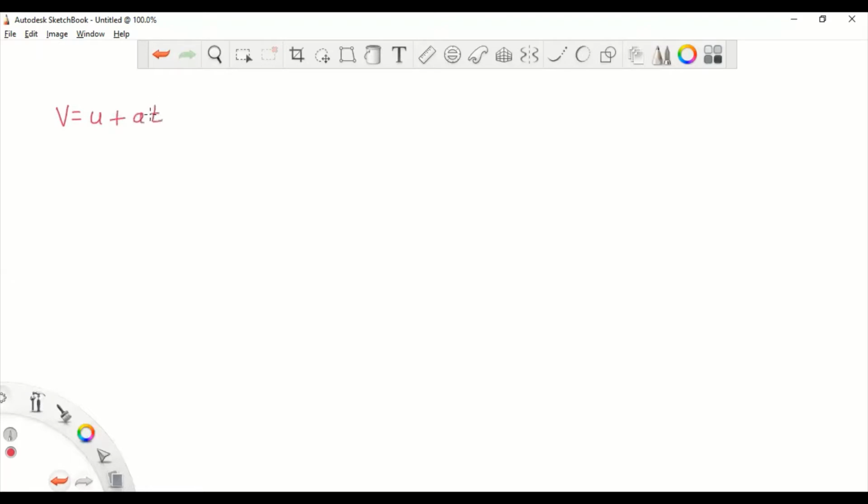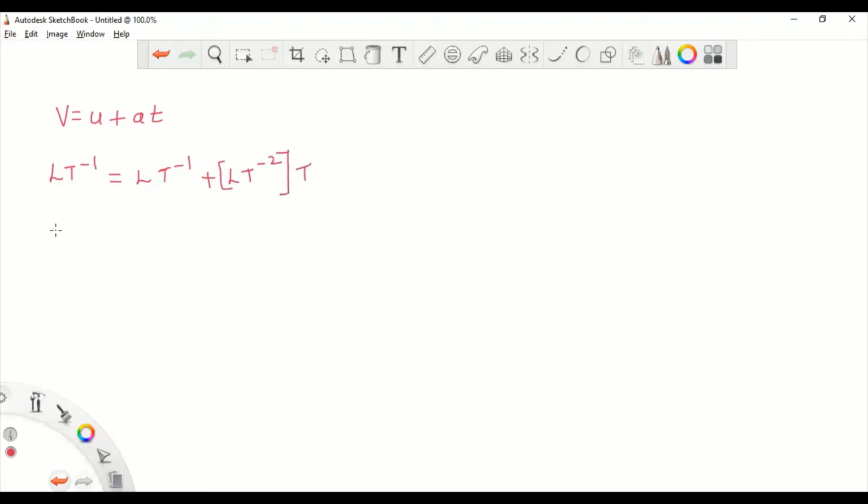This is a very simple equation. What is the dimensional formula of this V? V is velocity. So, all of you are familiar with that. LT power minus 1. Similarly, here U is also velocity, LT power minus 1, plus acceleration LT power minus 2. Then again you have T here, time.